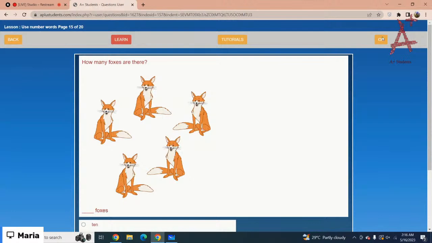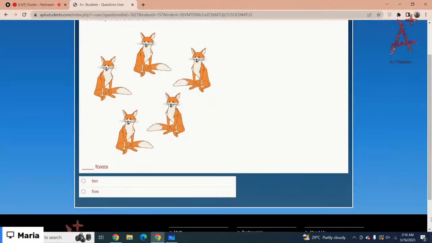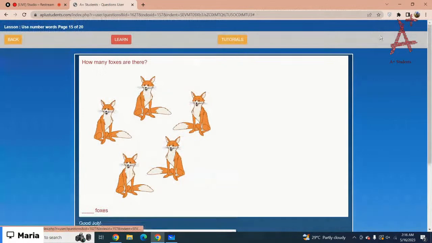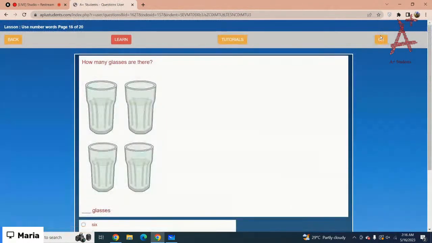How many foxes are there? Yes, five. The correct option is five. How many glasses are there?